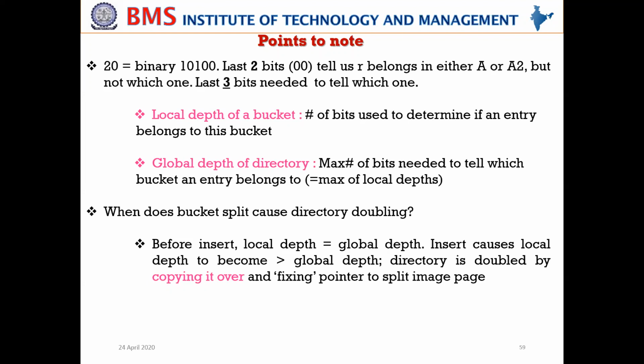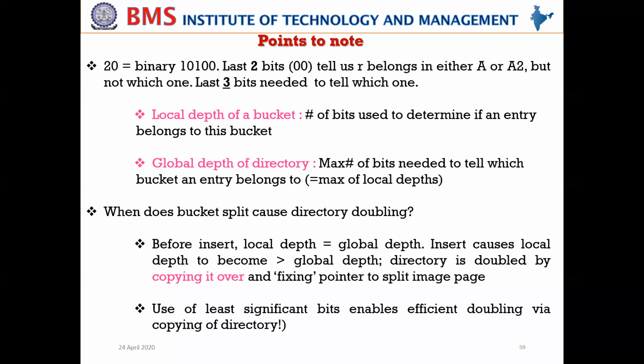After doubling the directory, we need to redistribute the elements present in the original bucket across the original bucket and the split bucket by using the appropriate number of bits, that is your local depth. After distributing the elements, you need to reset the pointers to point to the appropriate buckets. Correct? So that's what we have seen.